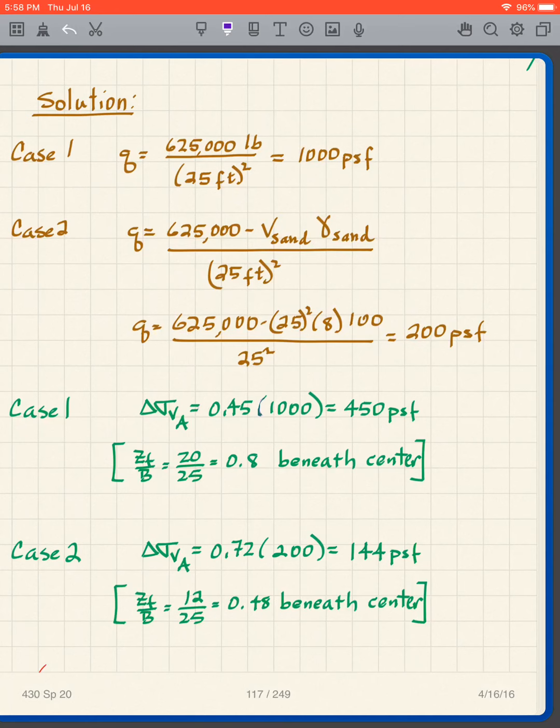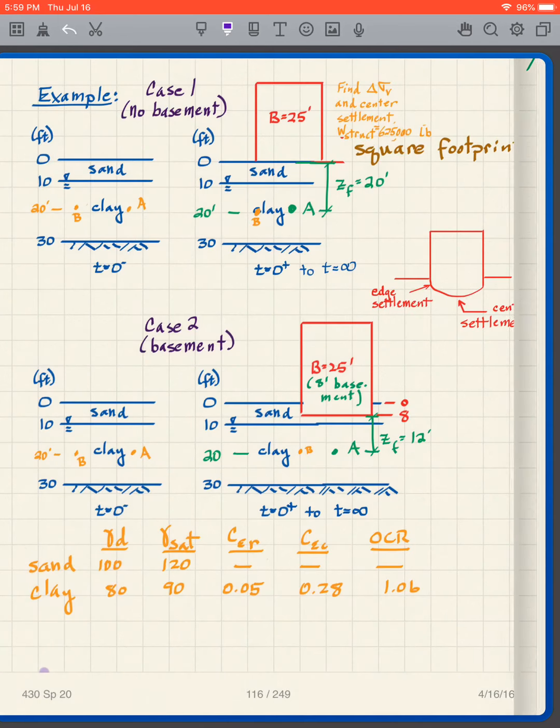Okay, so now I want to figure out my point A. So again, here's my point A in both cases.